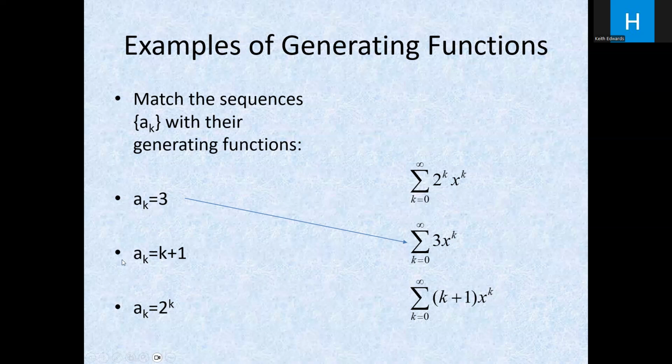How about A sub k is equal to k plus 1? Sorry, that one corresponds to k plus 1, x raised to the k, and A sub k is equal to 2 to the k corresponds to 2 to the k, x to the k.